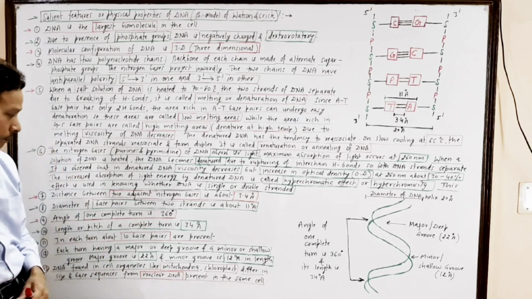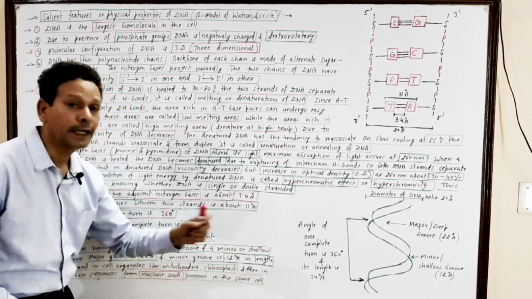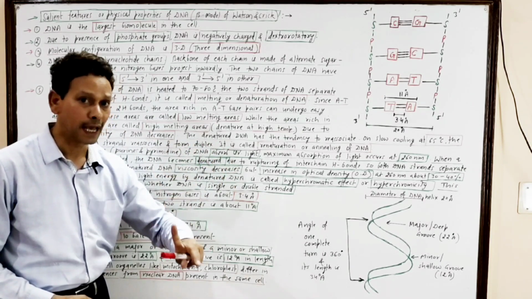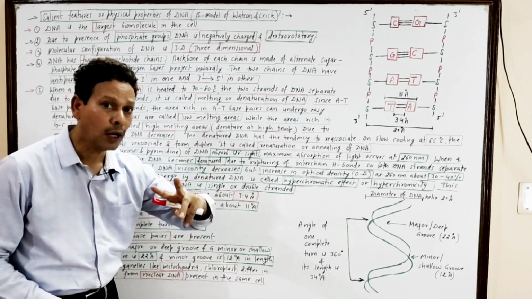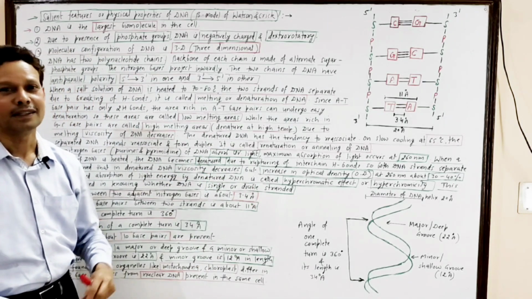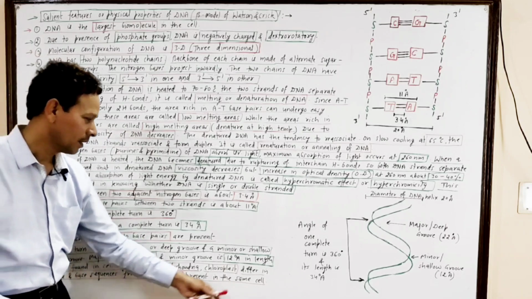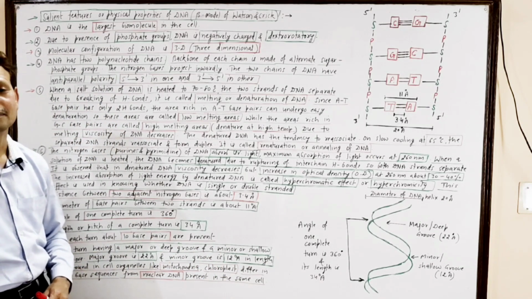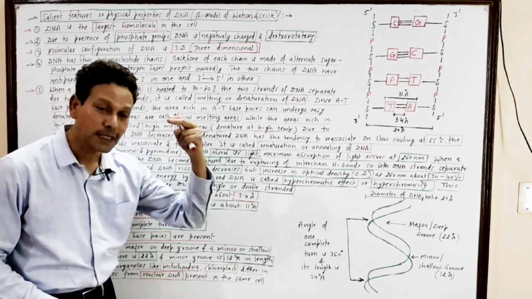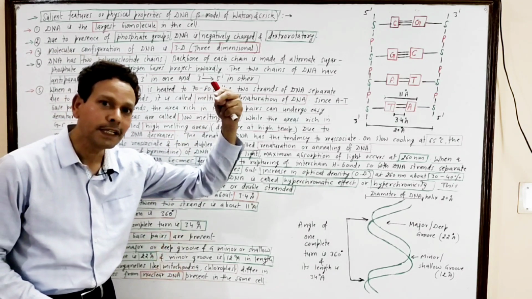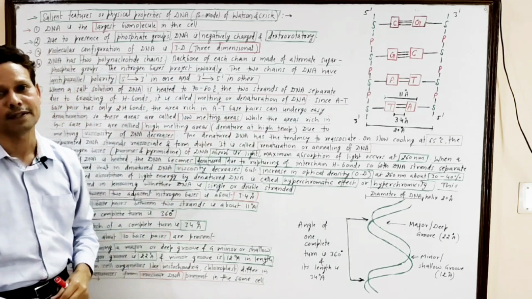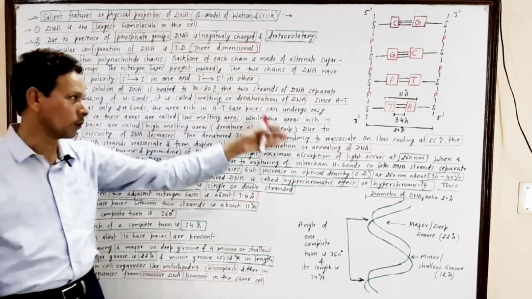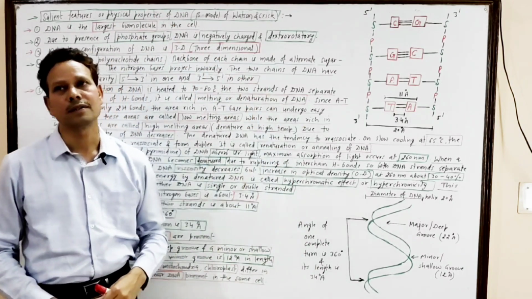But note down, the DNA which is found in the same cell, whether in the nucleus or its cell organelles, differs in size and base sequences. This is all about physical properties.